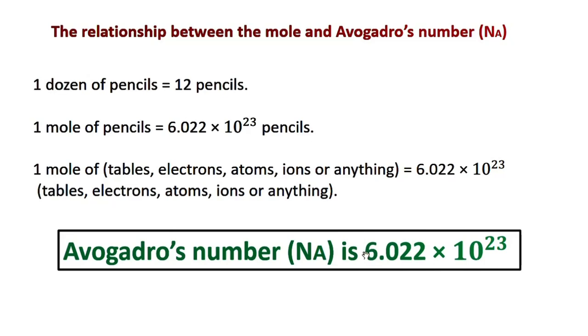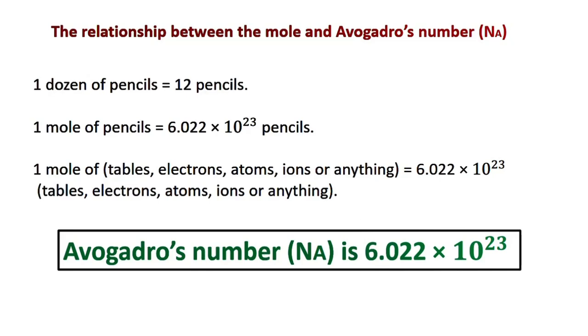This number is very huge. In honor of the scientist Avogadro, scientists agreed to name this number Avogadro's number, which means Avogadro did not discover this number, rather it was named for him.